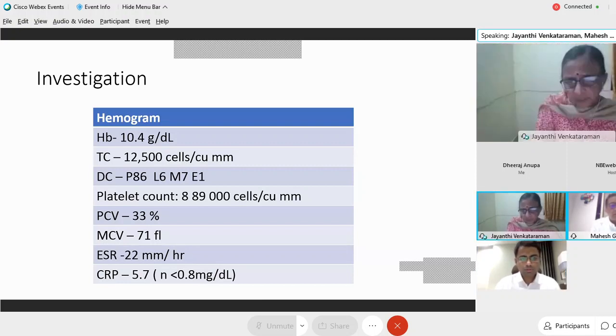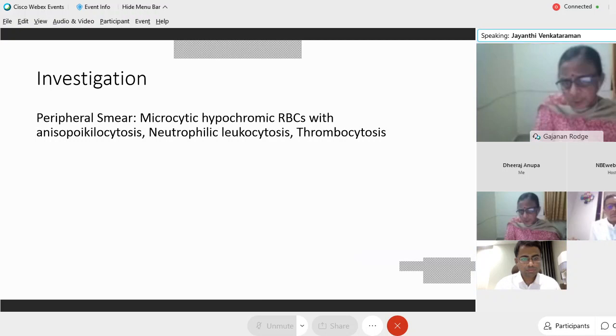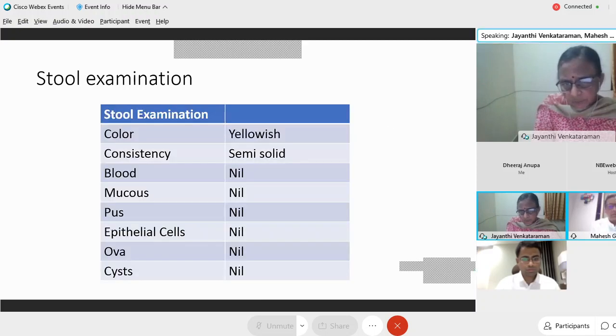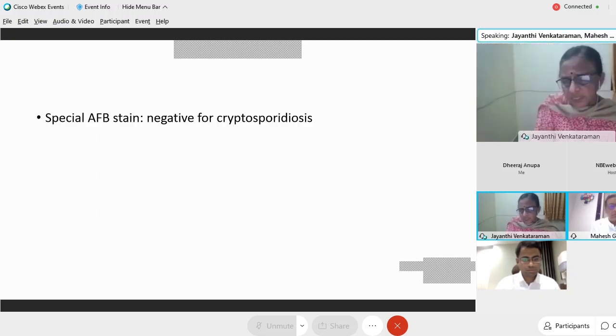That's your comment. And the patient has got anemia. Okay, next investigation. Peripheral smear showed microcytic hypochromic picture, neutrophilic leukocytosis and thrombocytosis. Stool examination, nothing contributory. And special AFB stain was negative for cryptosporidiasis. This we asked.